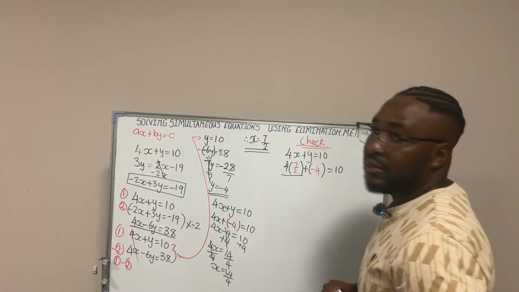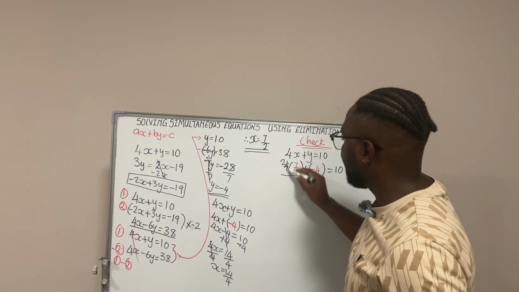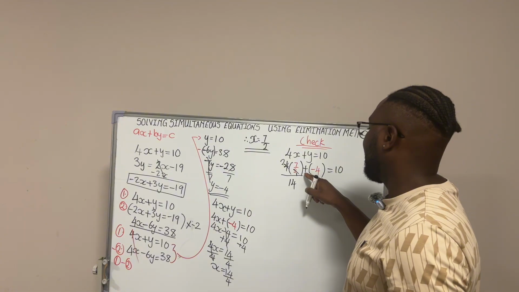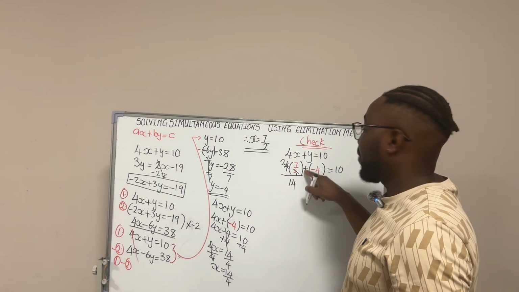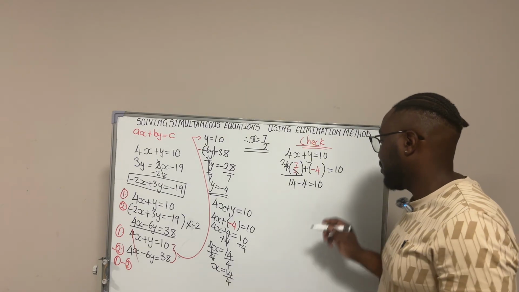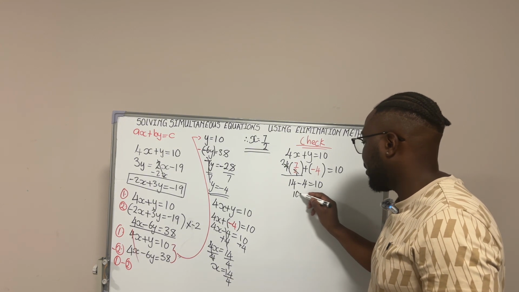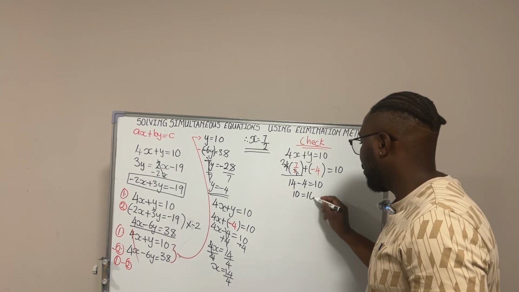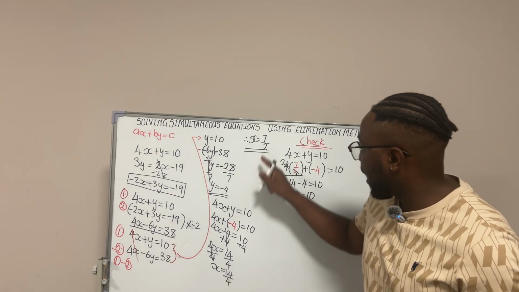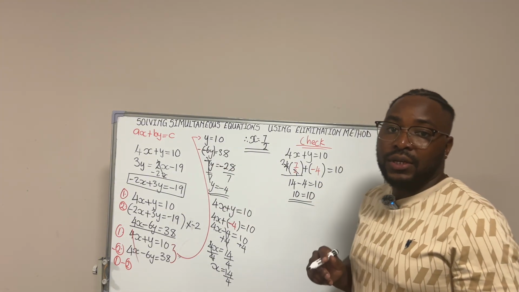Let us simplify this term. 2 into 2 is 1, 2 into 4 is 2. 2 multiplied by 7 is 14. So we have 14 plus, multiplied by negative 4, that will simply be negative 4 equal to 10. 14 minus 4 is 10, equal to 10. So there we go, our x and y values work in our first equation.